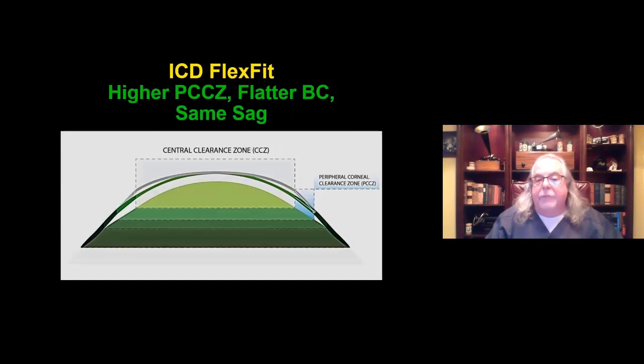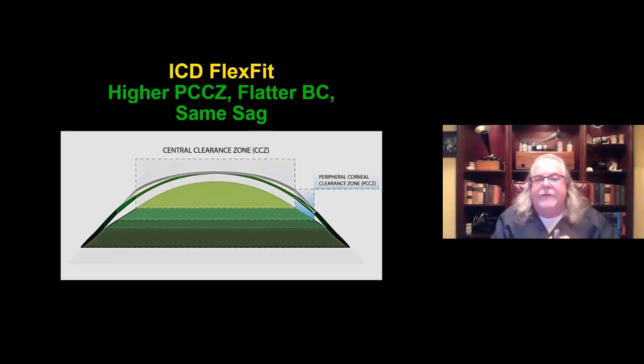Now we can play around with that peripheral clearance zone, whereby if we feel that adding 125 microns to that apical clearance is going to create an excessive amount of apical clearance, we can then order the contact lens with a flatter base curve or less sagittal depth, and that will create a better overall fitting relationship.